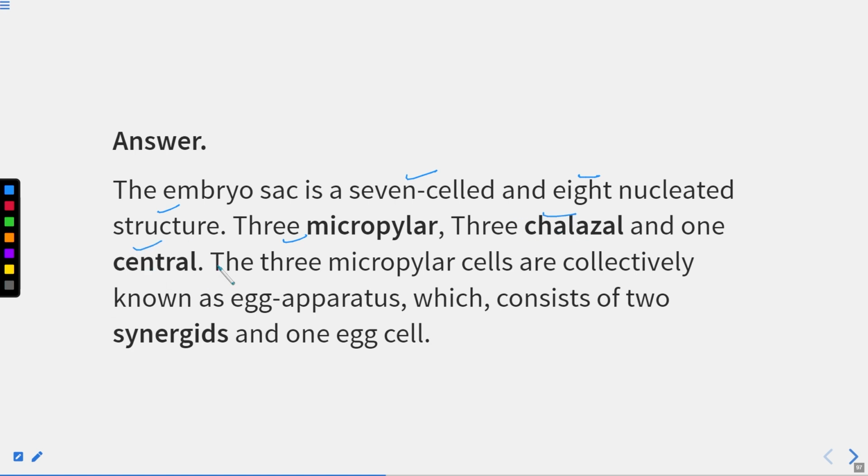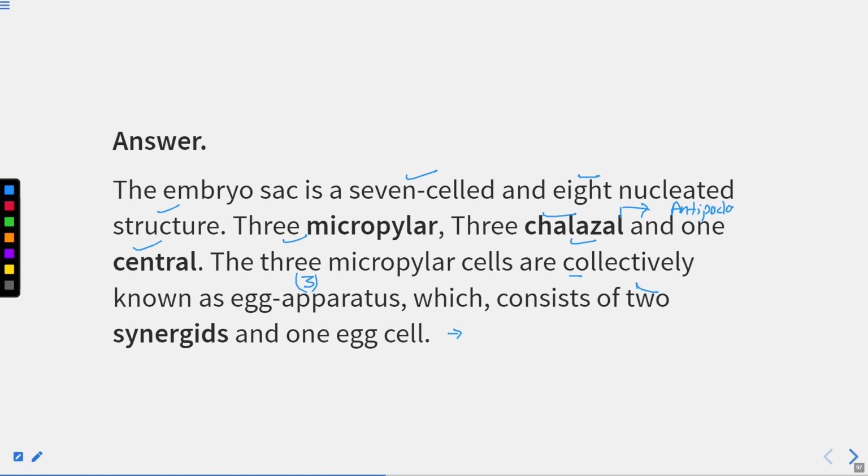The 3 micropylar cells are collectively known as the egg apparatus. So the egg apparatus consists of 2 synergids and 1 egg cell, so it consists of 3 nuclei. The cells at the chalazal end are known as the antipodals.